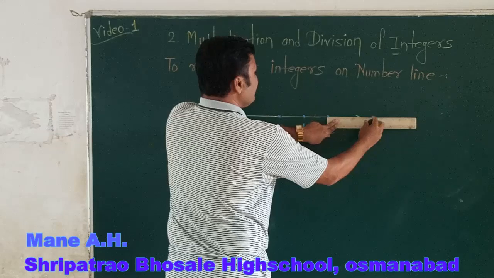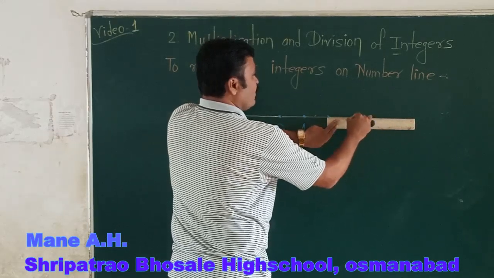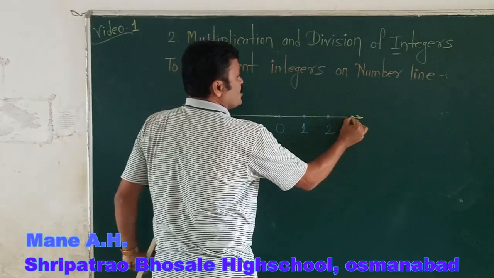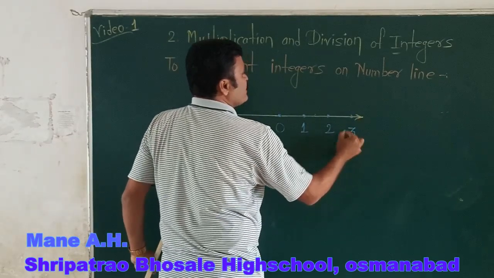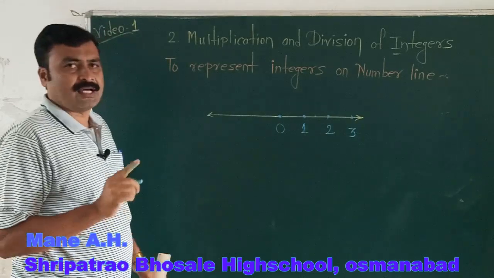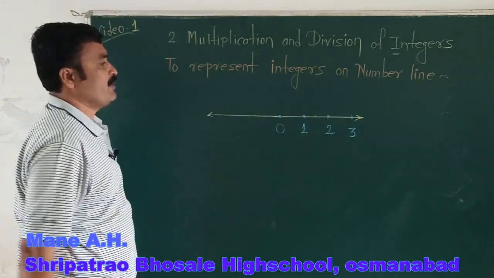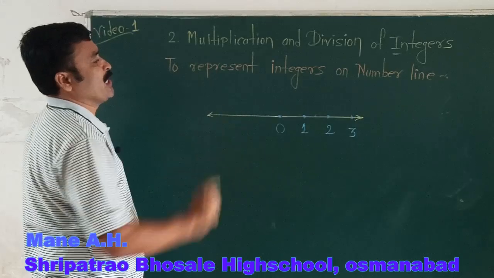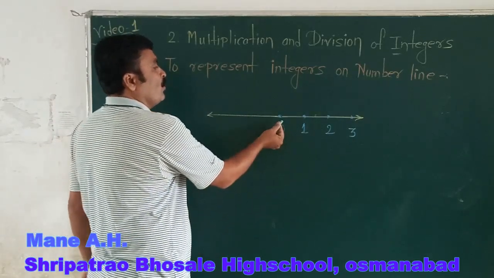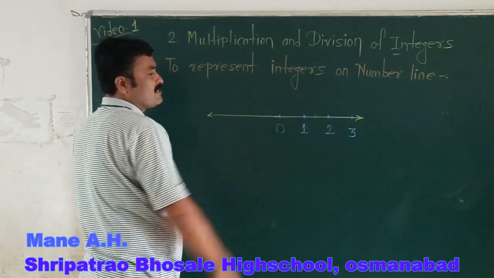Again I am taking the distance of 4 centimeter, and I am taking the third point showing the positive integer 3. So these are the first 3 positive integers: 1, 2, 3. Now the same procedure we have to follow at the left side of this 0.